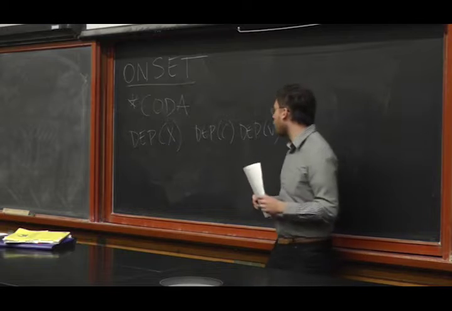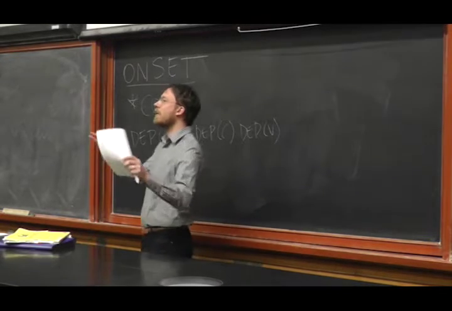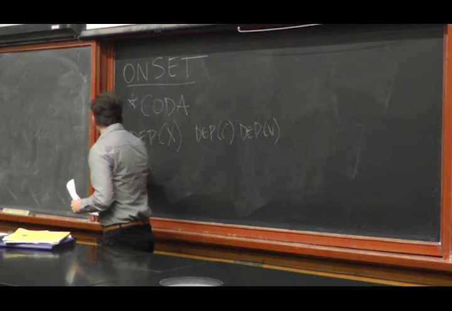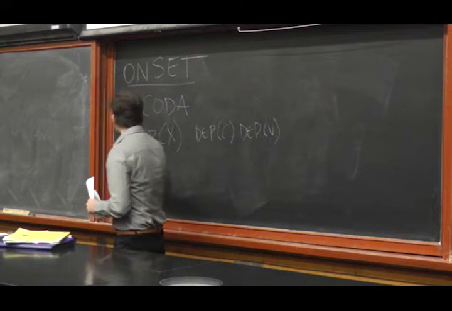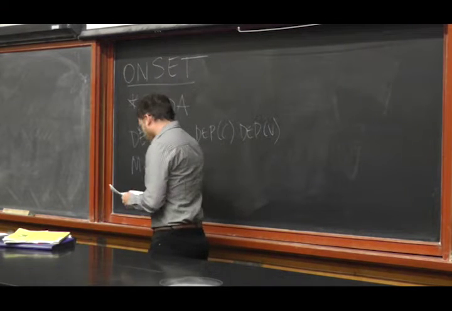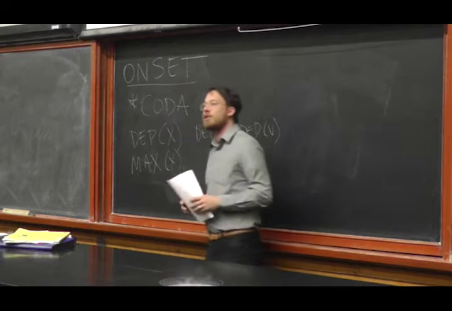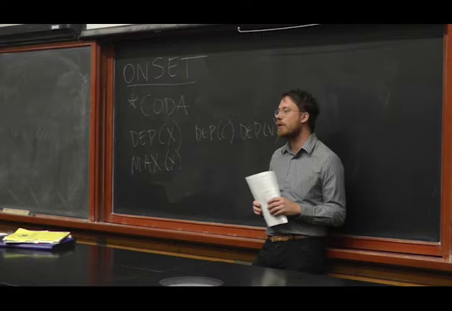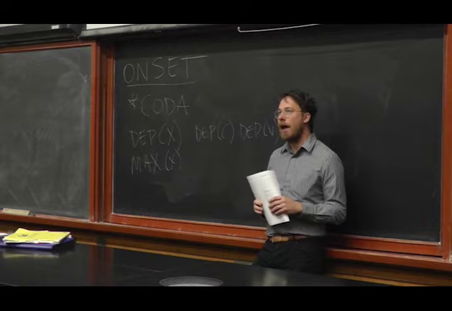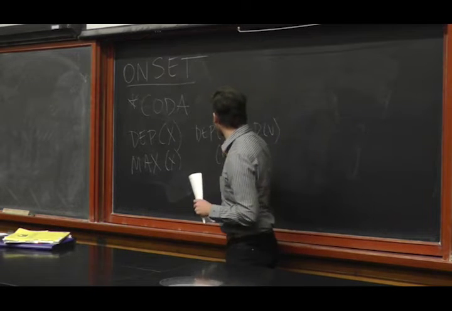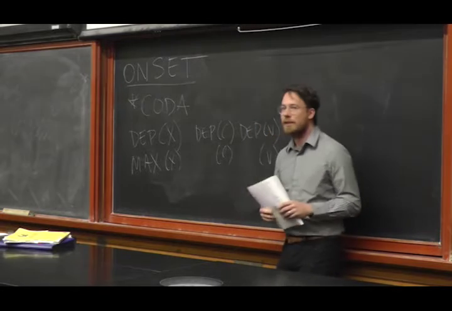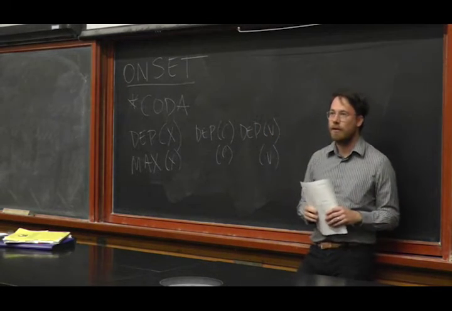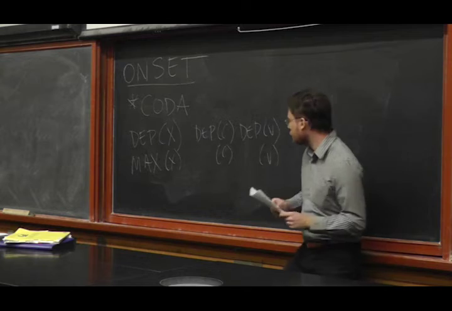So this is saying make sure that you don't have segments in your output which are not in your input. The opposite of that, so to speak, are these MAX constraints. And this says don't delete. So this is saying have the maximum number of input segments in your output. And this, of course, can also be MAX-C and MAX-V. Max consonant, max vowel.